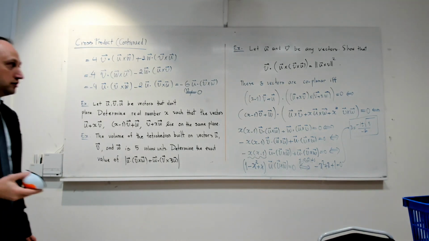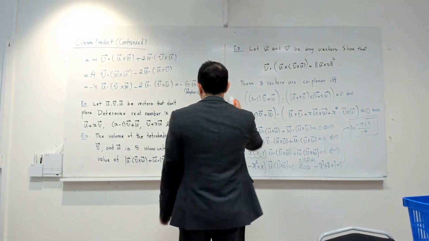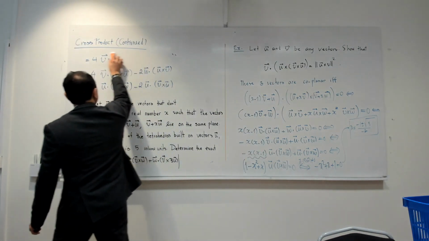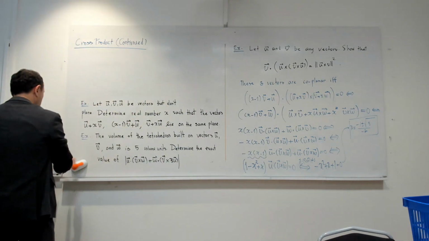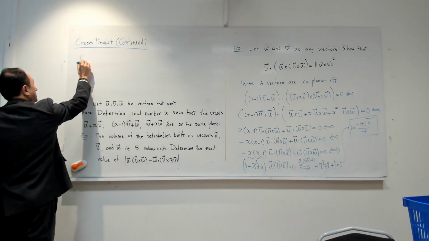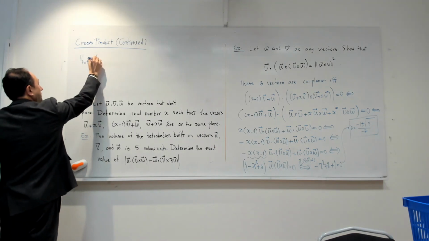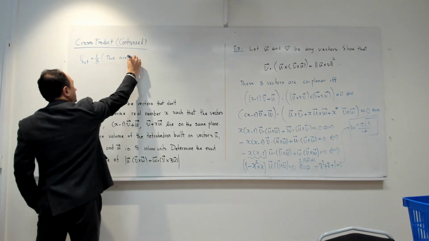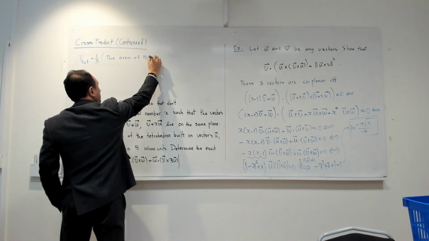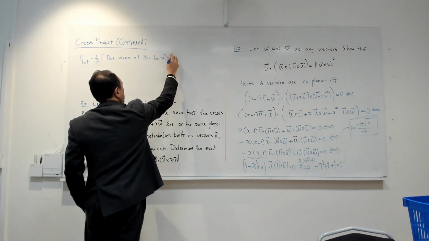If you refer to your notes, you will see it there. So let me clean this one. So the volume of the tetrahedron is 1/3 the area of the base multiplied by the height.